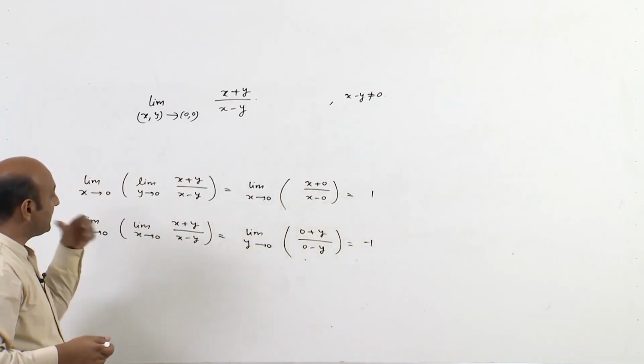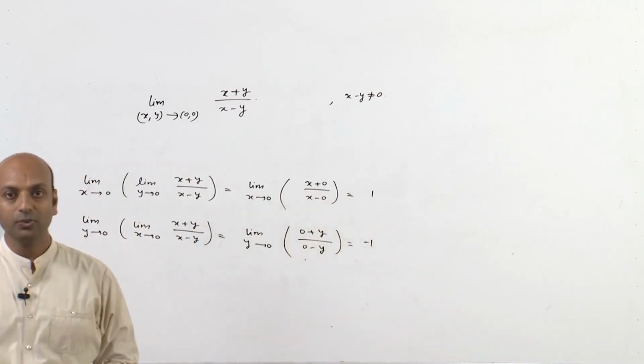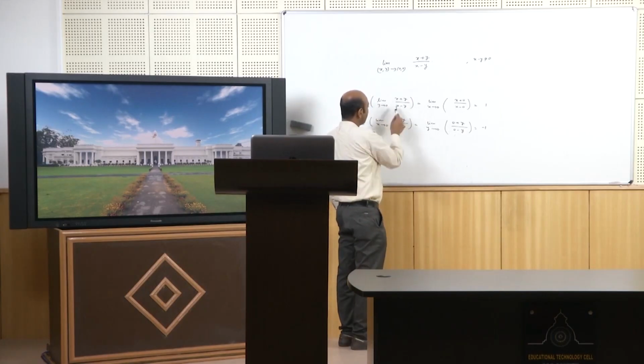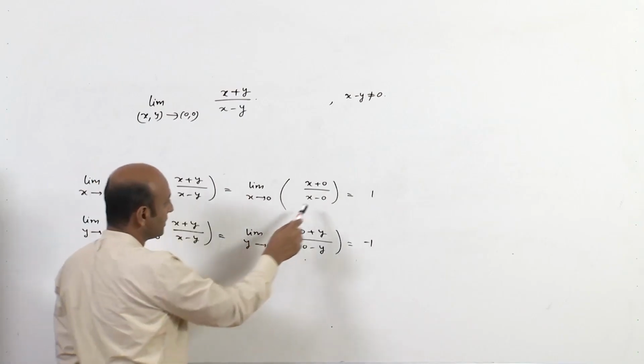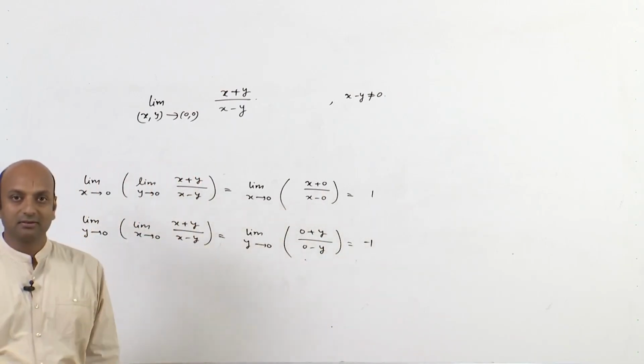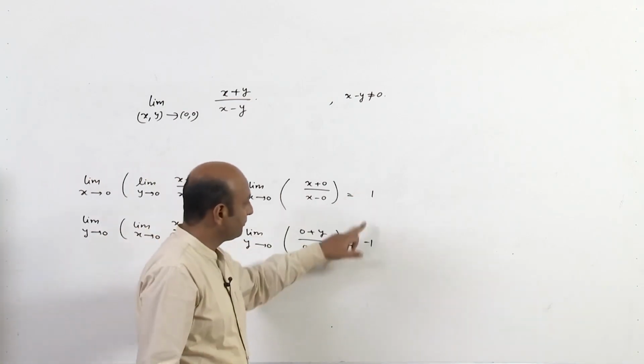So, the iterated limits exist and are not equal. This limit is 1 and this limit is minus 1. Both exist, and the iterated limits are not the same.